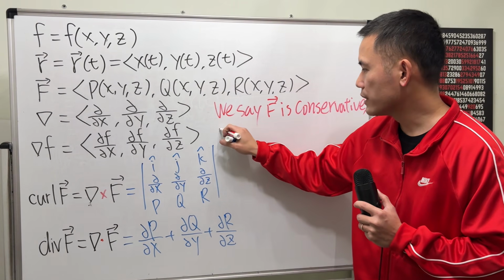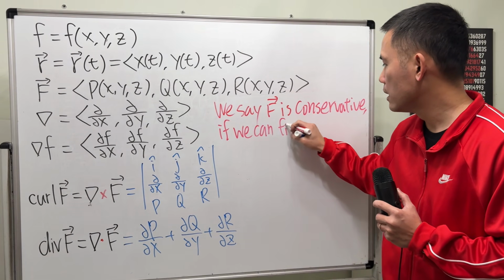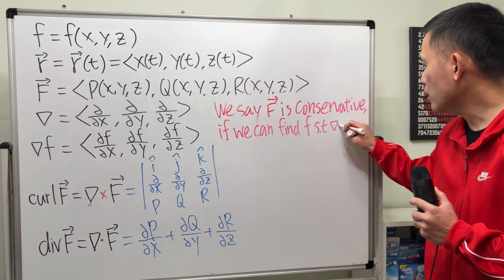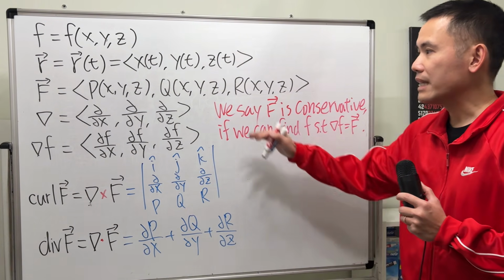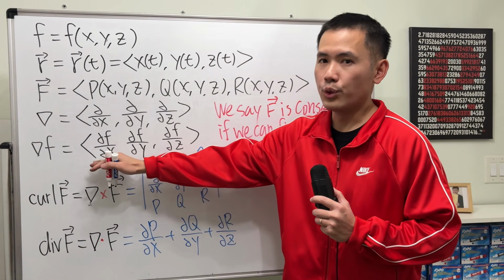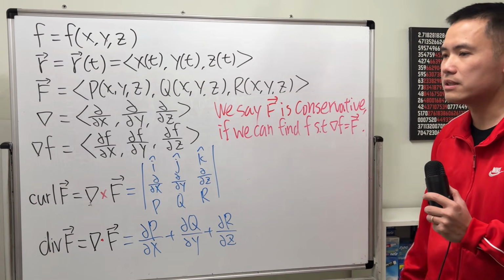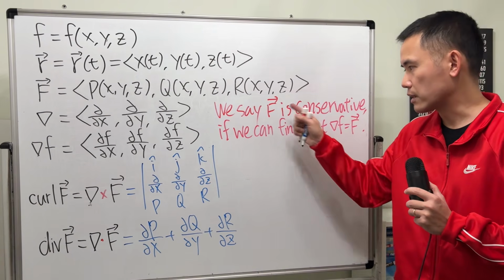The definition is: if we can find a little f such that if we take the del of little f, we get the vector field F. But this is not always equal to that. It's not always possible to find such a little f so that this happens. But if it does happen, then we say F, the vector field, is conservative.